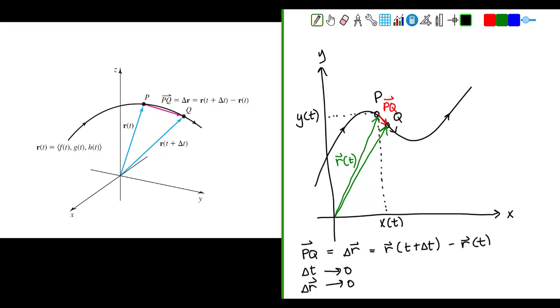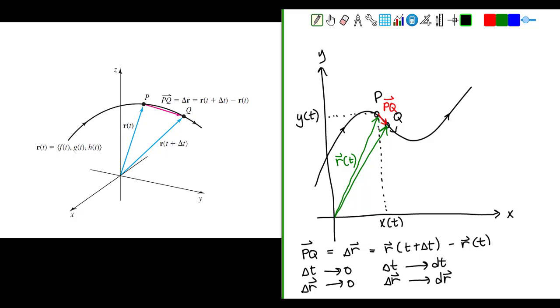If t goes all the way to 0, then we could say that our difference in r approaches a differential in r as our parameter interval approaches the differential dt.